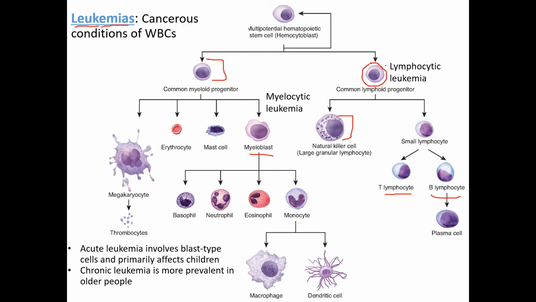Essentially, acute leukemia is very fatal very quickly, and so this generally involves mutations in cells farther up the line.